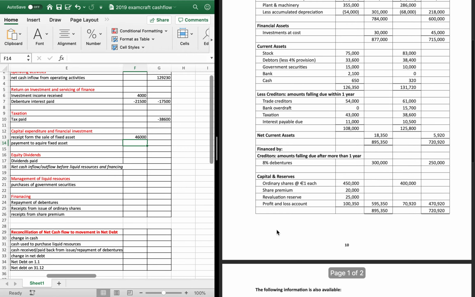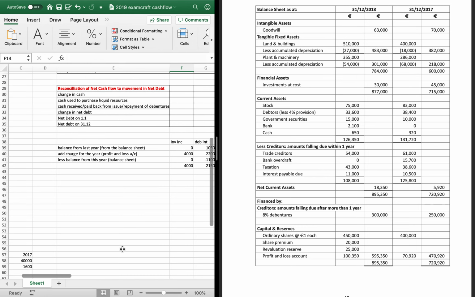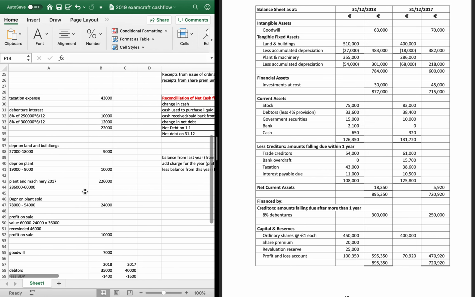So if we look at each of them, the plant and machinery, I had changed this number 286 to 236, I think. Right. Plant and machinery is 226.